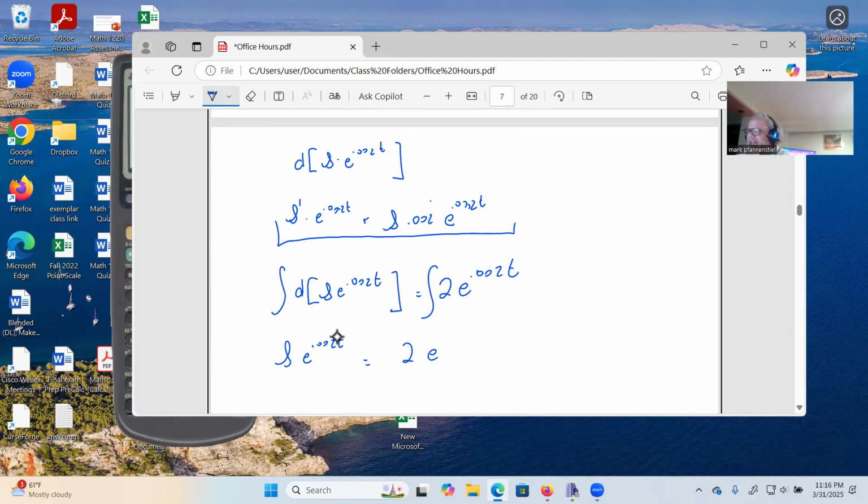We have 2 e to the 0.002t divided by 0.002, because we're trying to integrate e to the kx. So again, when we integrate e to the kx, we get e to the kx over k. That's exactly the rule that we're using.